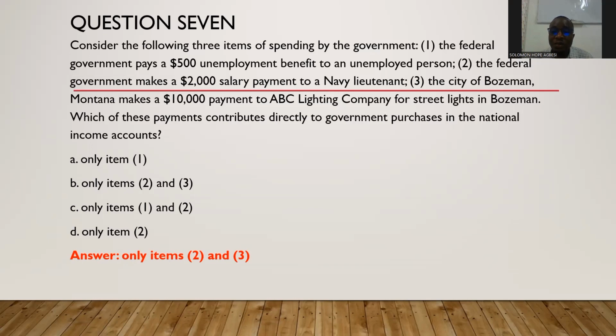And the third one is that the government pays this money to ABC Lighting Company to produce street lights, which is also a productive venture. And so scenarios 2 and 3 are direct government purchases in the national income accounting.